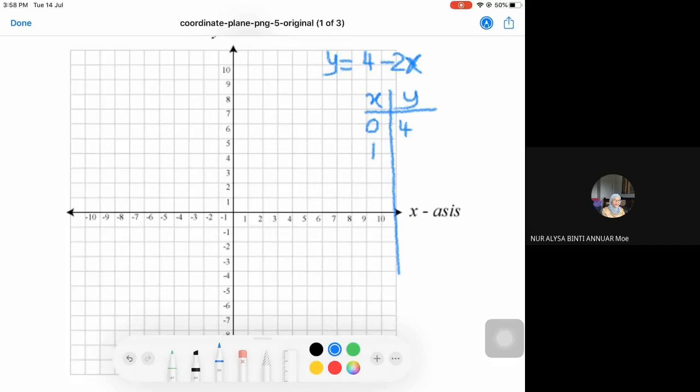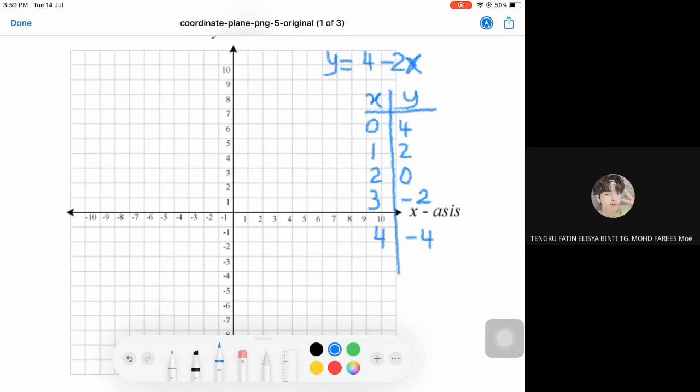Okay, when X equals to 2, what is the value of Y? 0. Yeah. When X equals to 3, negative 2. When X equals to 4, negative 4. Okay, cukup dah. Ada berapa value? Ada 5. Cukup lah.